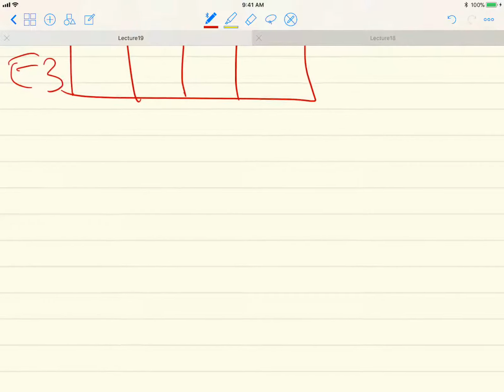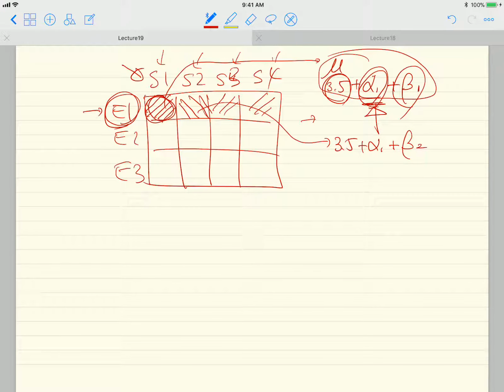The answer is no. Alpha 1 was 0.1, which is the effect on the average score of this exam. Plus 0.1 means that E1 was a little bit easy, because it increased the average score by 0.1. And this student is not doing great, so this student is not very smart.